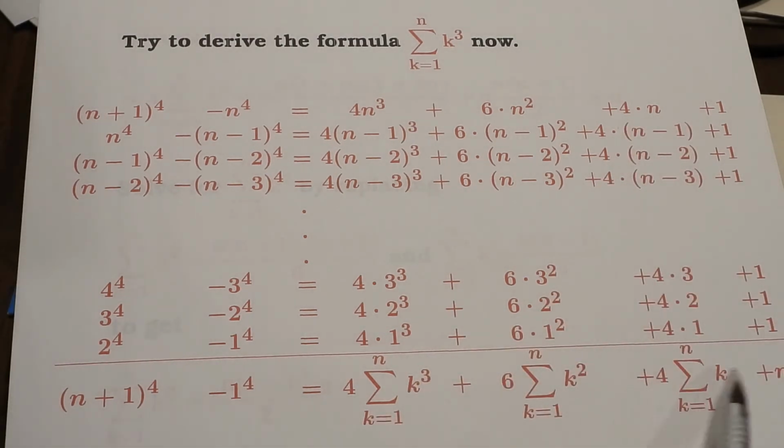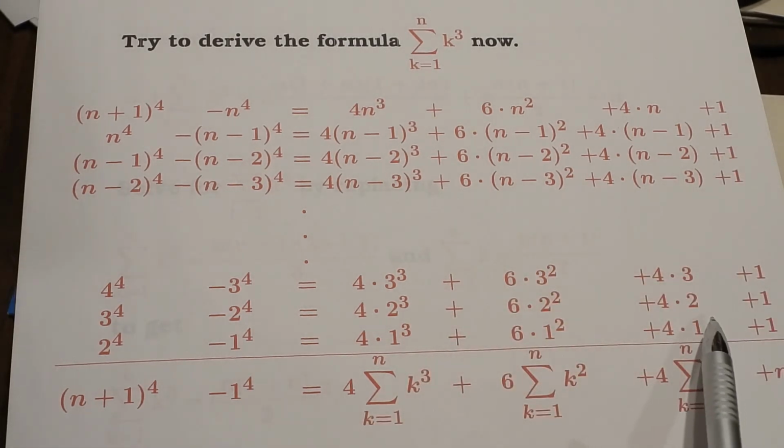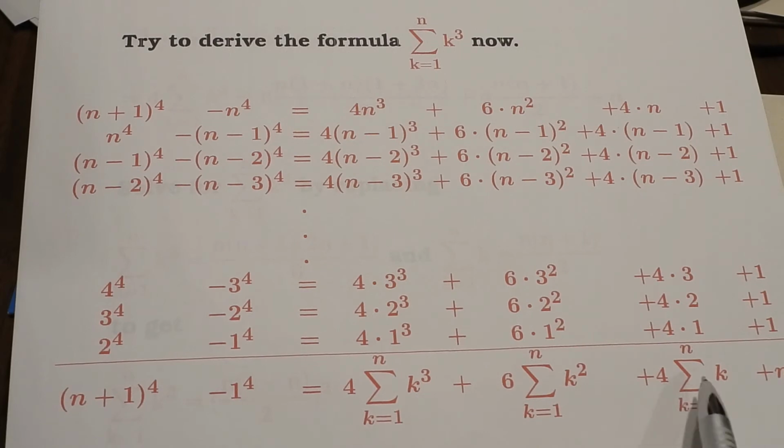So 4 times sigma k, and again here, you don't have any n or k to replace. So you cannot use a sigma, you just write down how many 1s. We have n equations, so of course n ones. N ones.